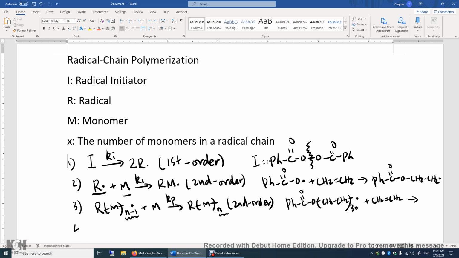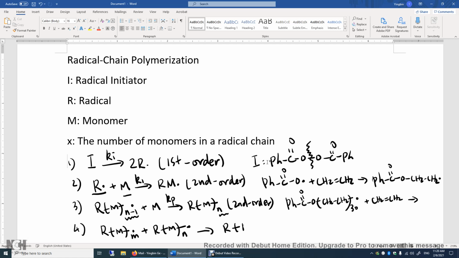And then number 4. In number 4, we can have two radical chains reacting with each other. So what I'm going to do is just use two new variables here. I'm going to say M, this is a radical, and N, this is another radical. Two radicals may recombine to form a single bond.